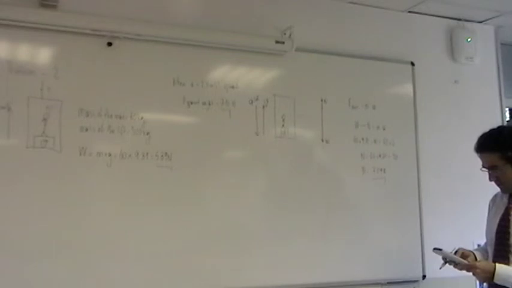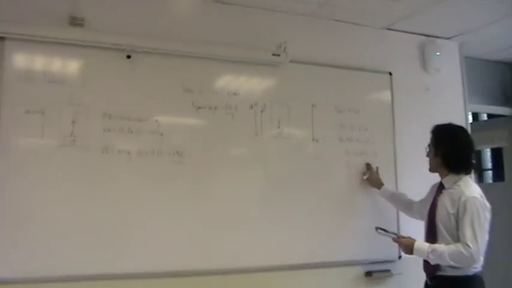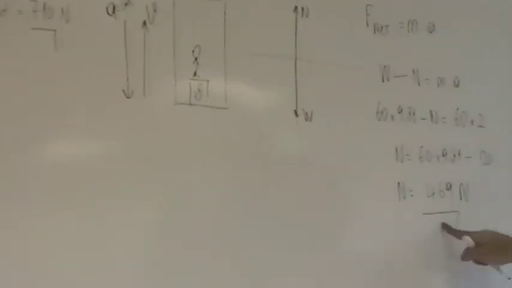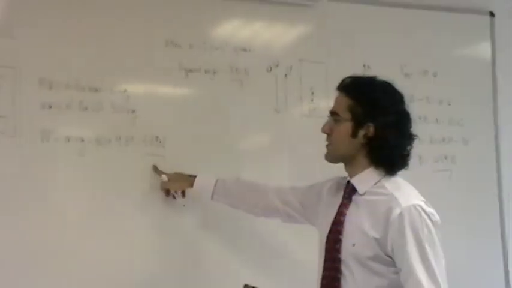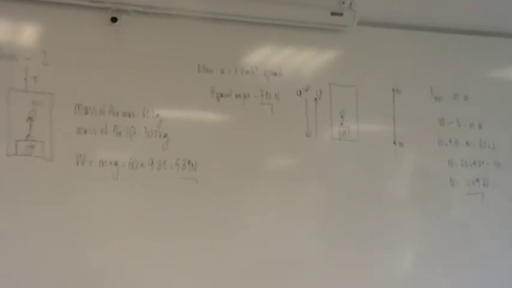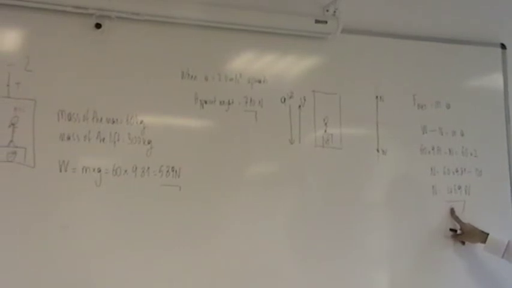If I do this again, 60 times 9.81 minus 120, that number is not 709, it is 469 newtons. And this should be less than this value, because this acceleration is downwards. The apparent weight should be less than your actual weight, because there is a net force acting downwards on you. Okay? And this is what you are going to see on a scale.